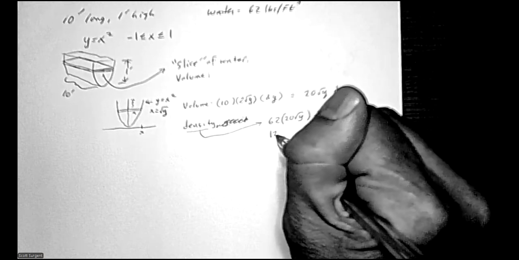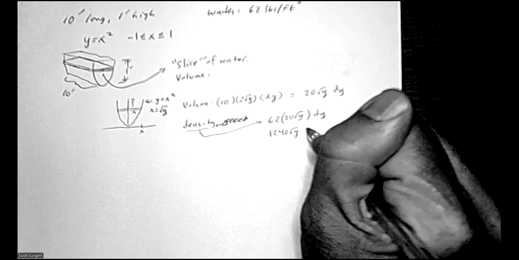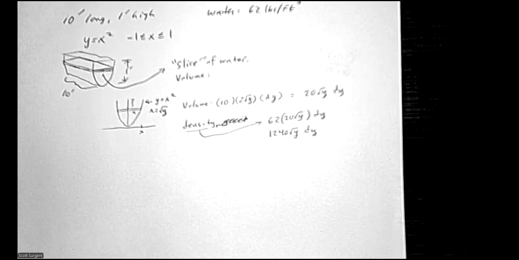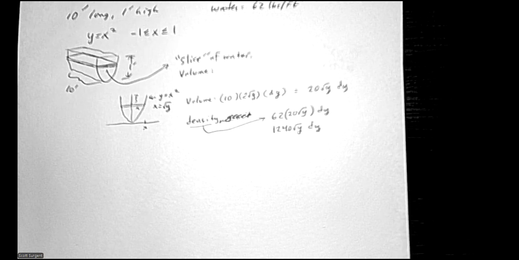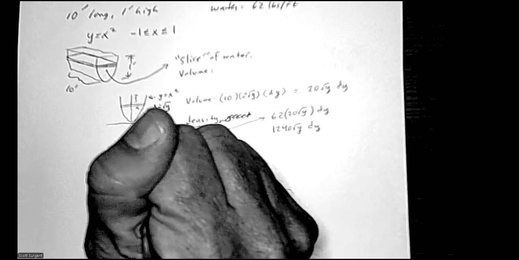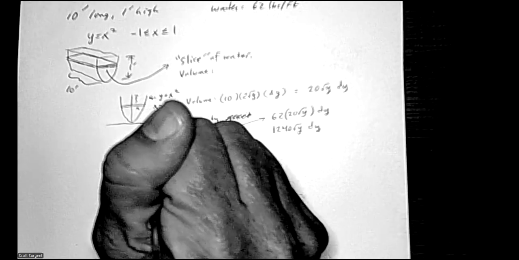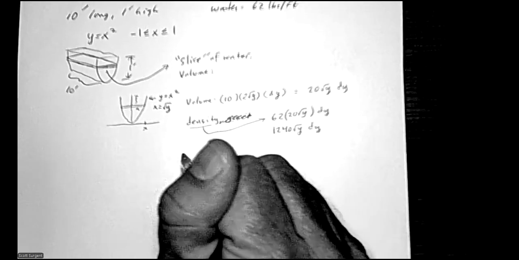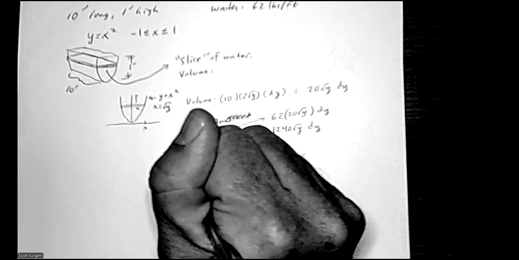So we have 1240 rad y dy, and now we have to lift that. We have to set up an integral here. We need a distance now, for how far it's lifted.